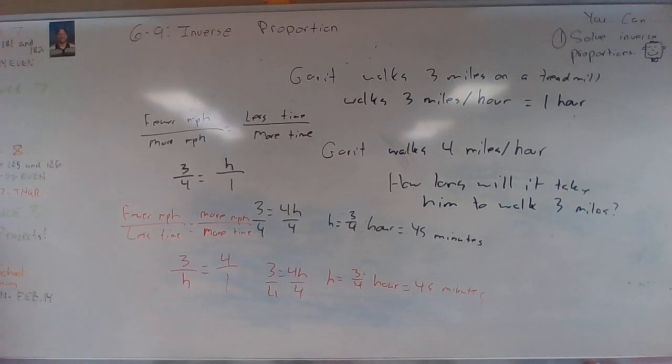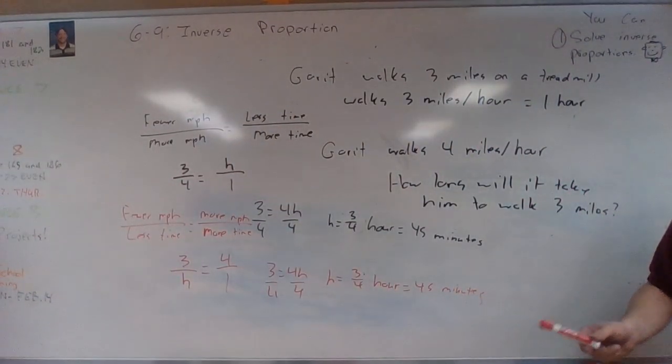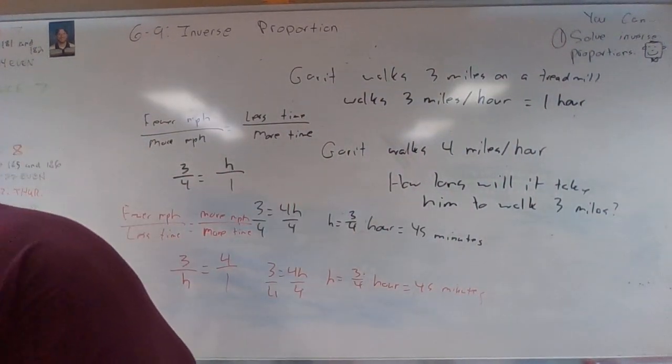Right? Fewer to more, less to more. Smaller to bigger. So I can set it up either way, and it's okay. It works. Either proportion I use nets me the same result though, right? 3/4 of an hour.